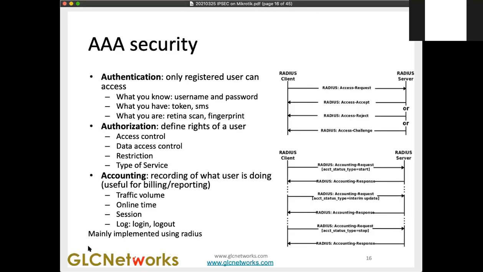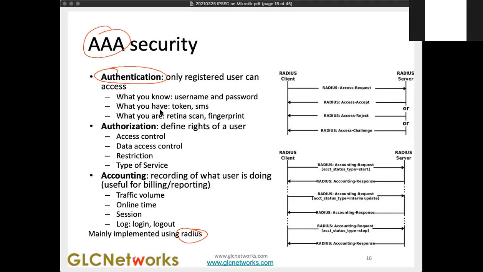Another security model is AAA, usually implemented in RADIUS software. First A is authentication. Make sure only registered users can access.